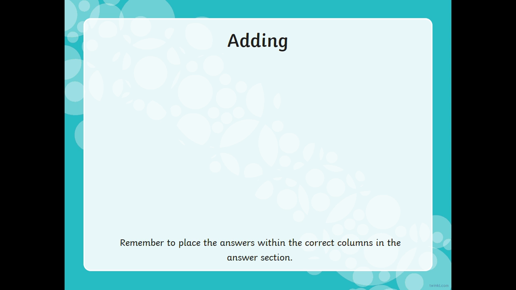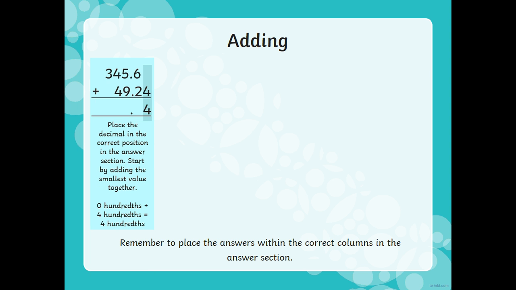Okay, adding. Remember to place the answers within the correct columns in the answer section too. So we've got 345.6, add 49.24. Place the decimal in the correct position in the answer section.